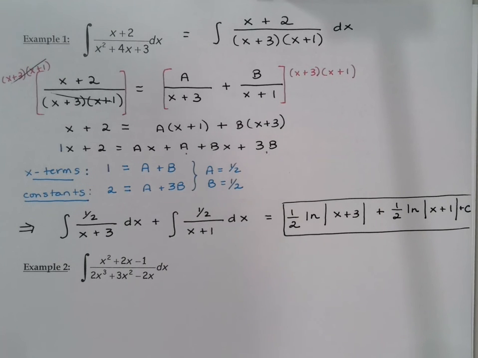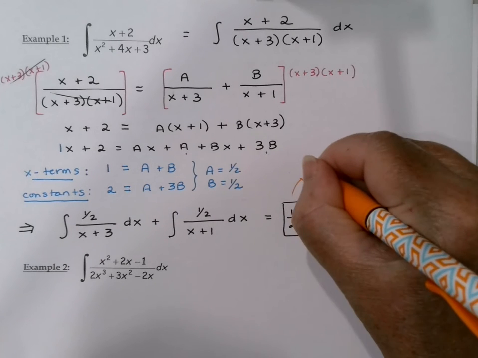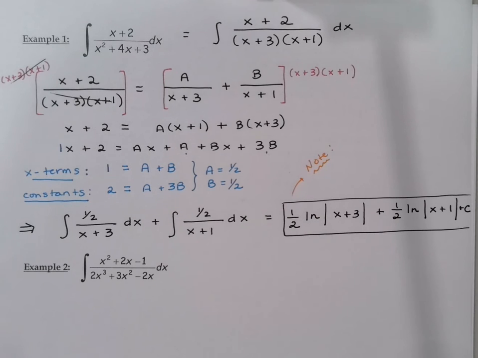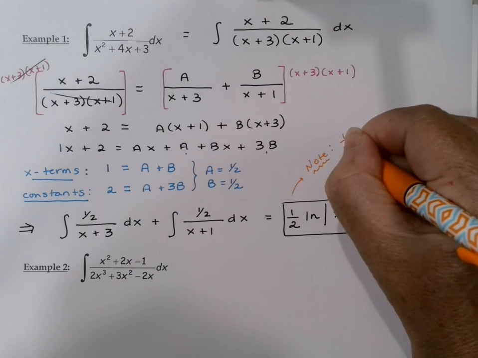One quick comment. If you do examples like this or problems in the book, they will often do algebra at the end. I don't require it. An answer like this is perfectly fine, but I'm just going to make a little note to us. If you applied the laws of logarithms to this, I could factor out the 1/2.